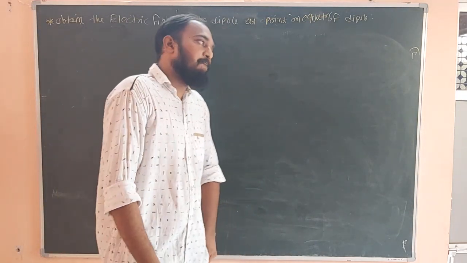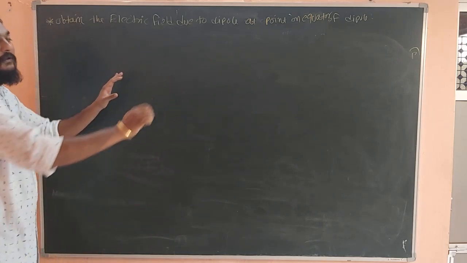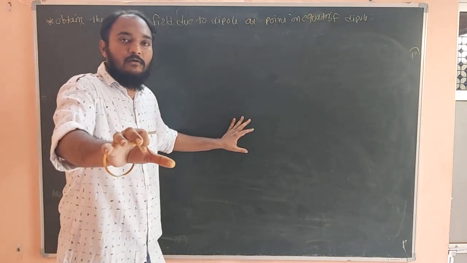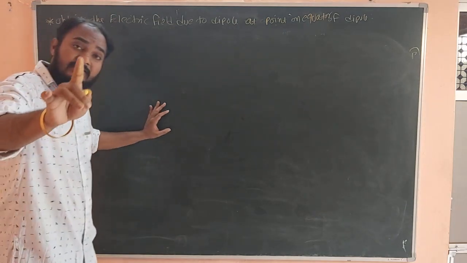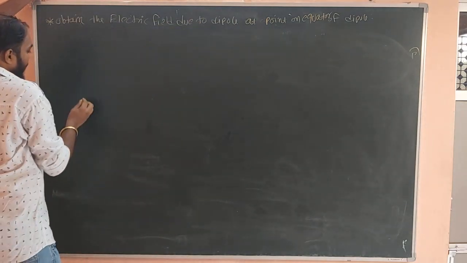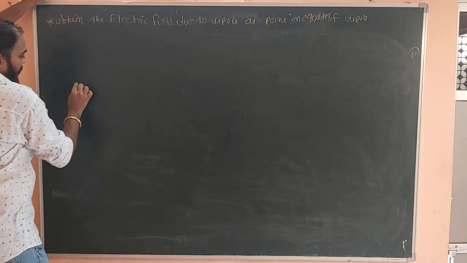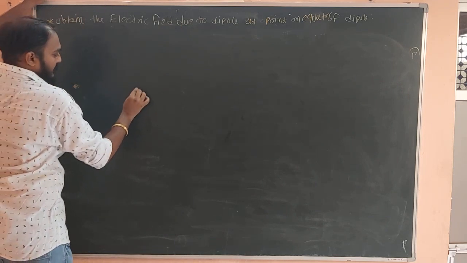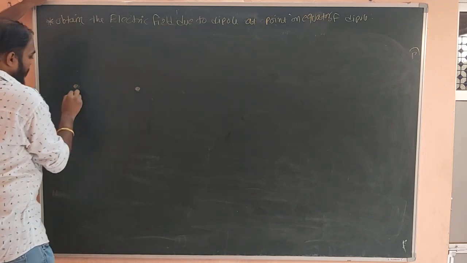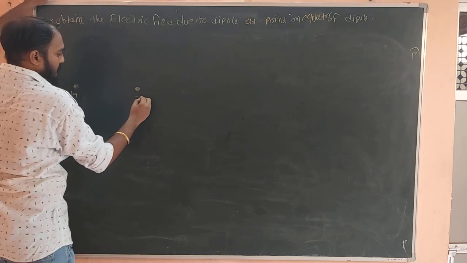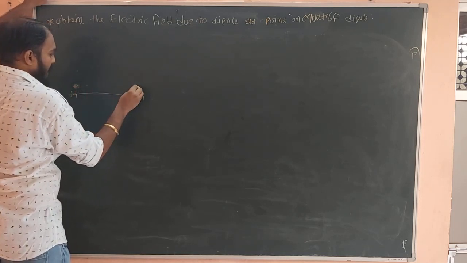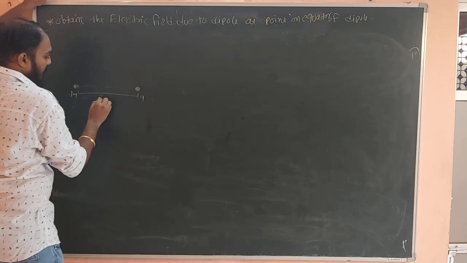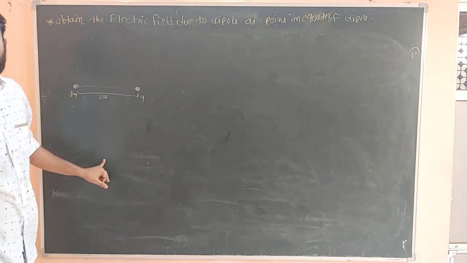Again, we'll suppose a dipole with a plus q charge and a minus q charge, and the distance between them is 2a. So let us suppose two charges, plus q charge, minus q charge, and the distance between them is 2a.